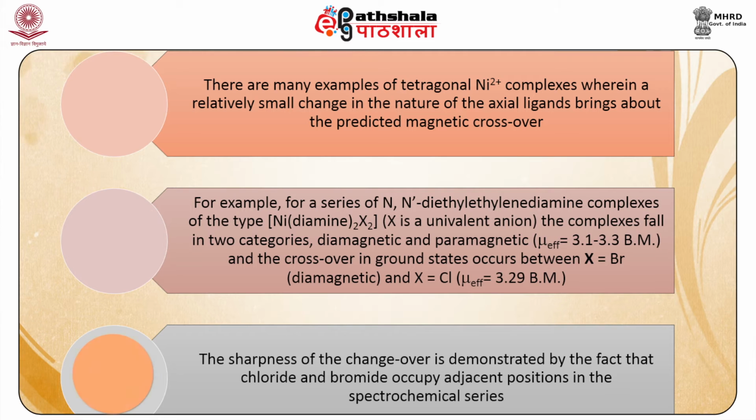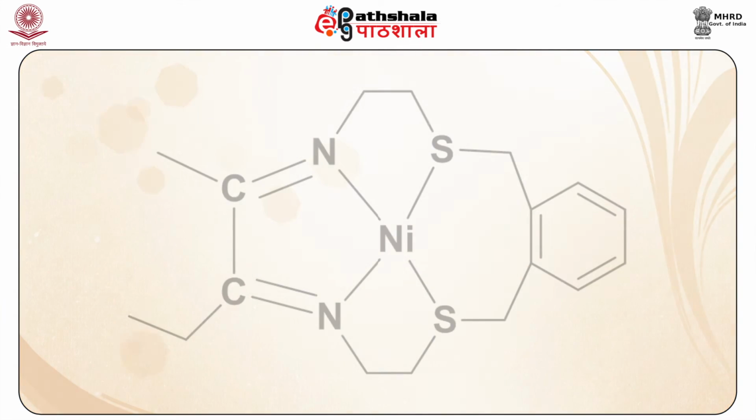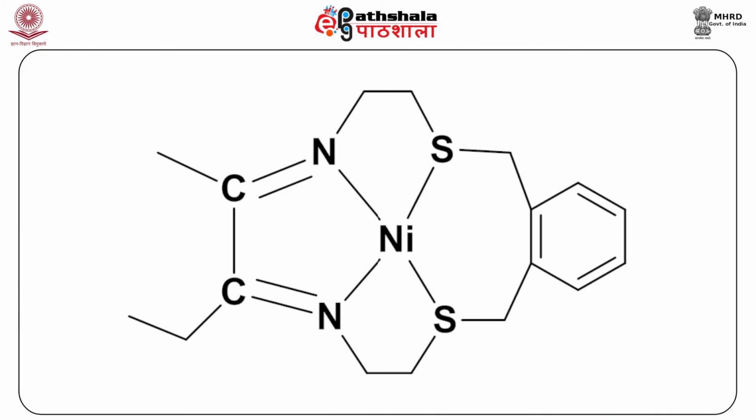The sharpness of the changeover is demonstrated by the fact that chloride and bromide occupy adjacent positions in the spectrochemical series. Similar results have been observed for planar nickel(II) complexes with the quadridentate ligand shown here. Here also the magnetic moment varies with the nature of the axially coordinated univalent groups.